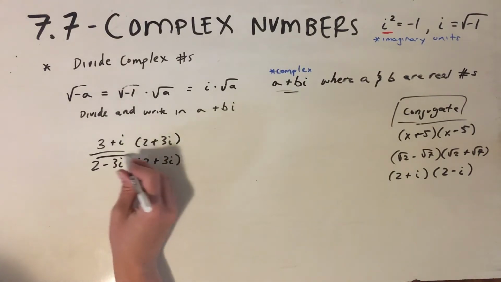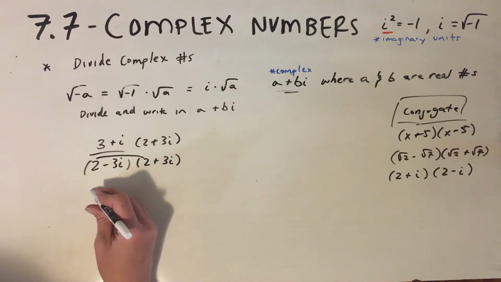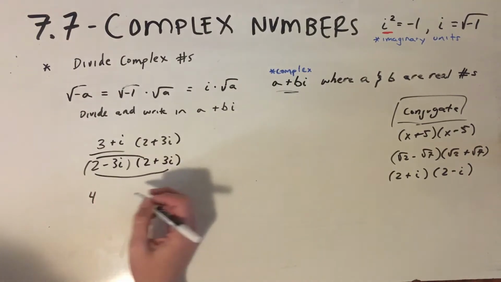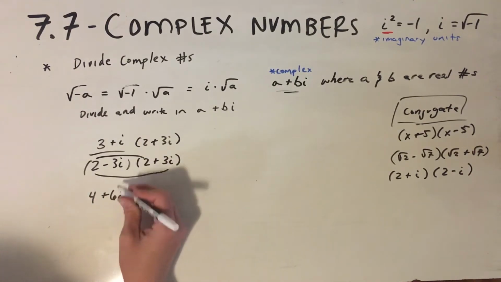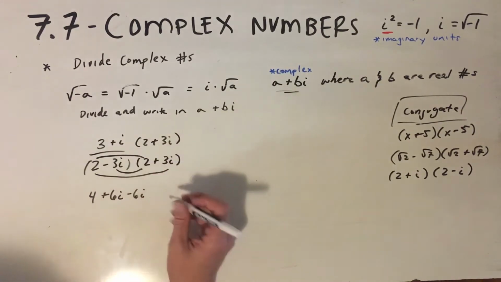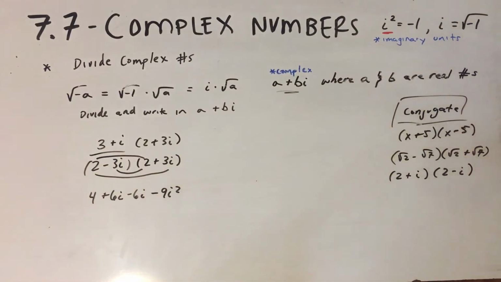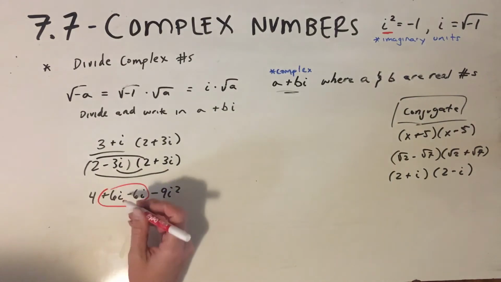When we FOIL this, on the bottom, we're going to get 2 times 2, which is 4. We get this positive 6i and a negative 6i. And then a negative times a positive will give you a -9, but I have i squared. So again, remember when we use a conjugate, the whole point is that these middle terms sum to 0.